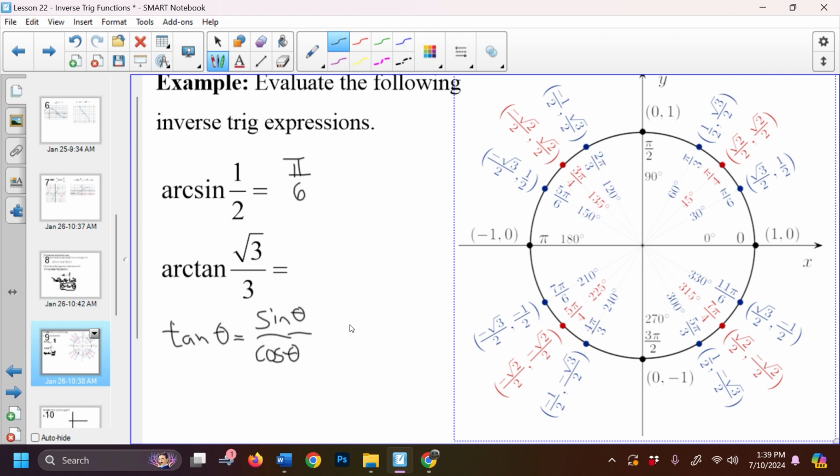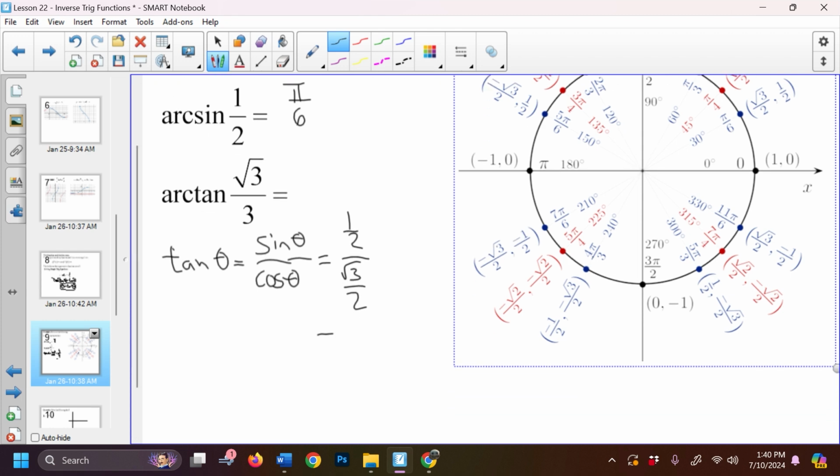And so if I go 1/2, the y value, over square root of 3 over 2, well, I got a fraction divided by a fraction, so I will go 1/2 times the reciprocal of that, which would be 2 over the square root of 3. My 2's cancel. That leaves me 1 over the square root of 3.